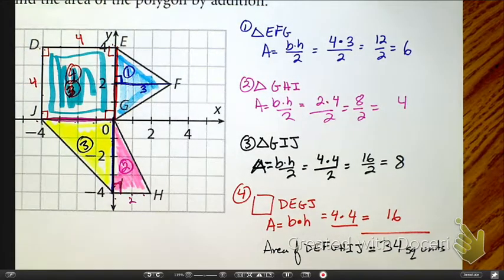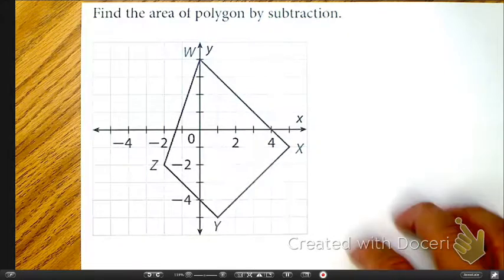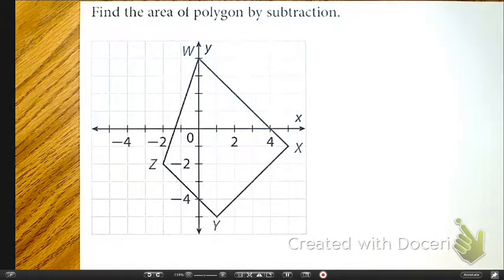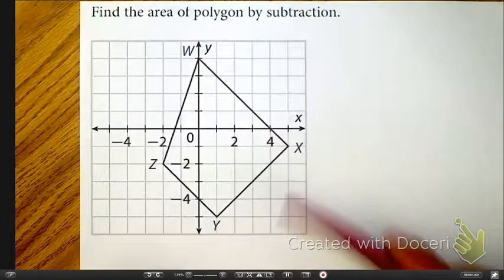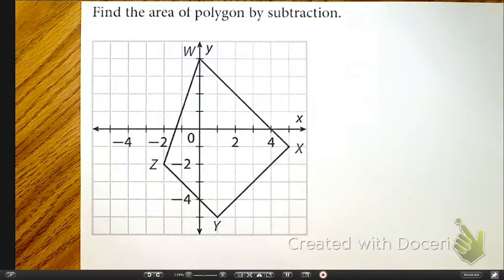If we can find area by addition, we can also find area by subtraction. Areas by subtraction. Consider a shape like this. It's a little bit harder to divide this one because any divisions we would make, if I was trying to make a rectangle or any triangle, don't follow the normal coordinate grid lines.